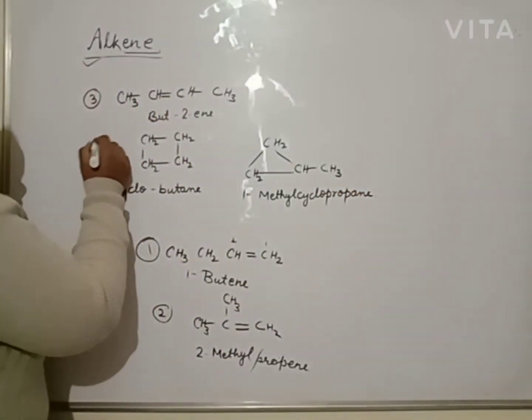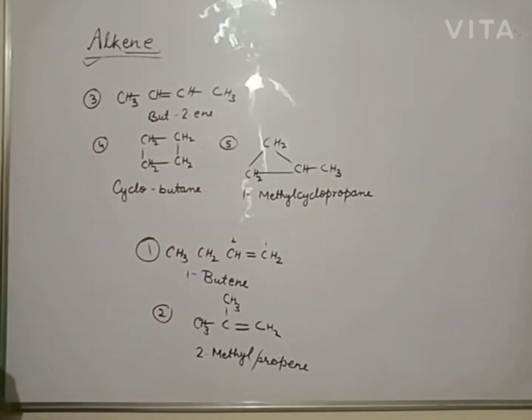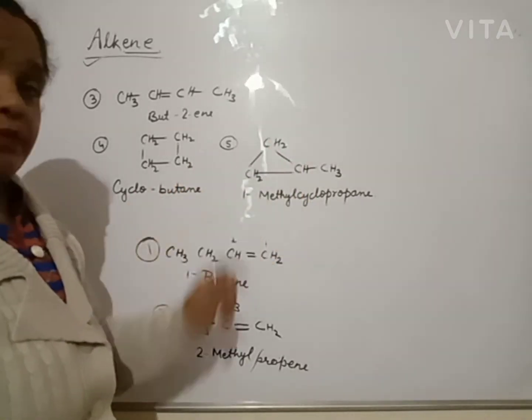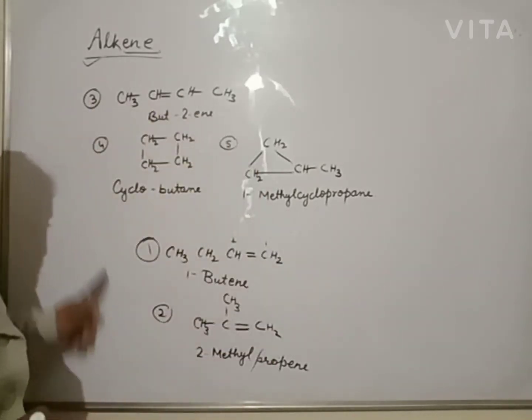It is not possible to draw a cyclic structure for 2 carbon. A cyclic structure consists of at least 3 carbon. Now, these are the structural isomerism.